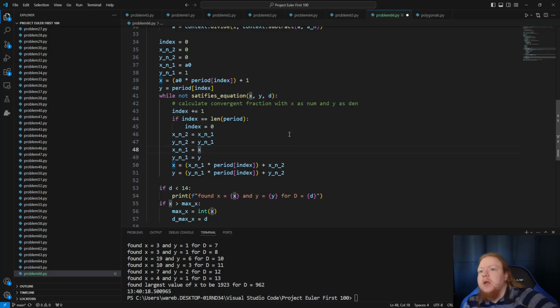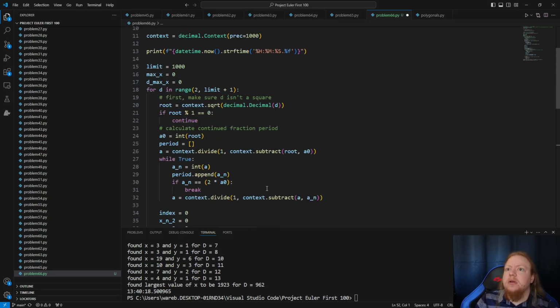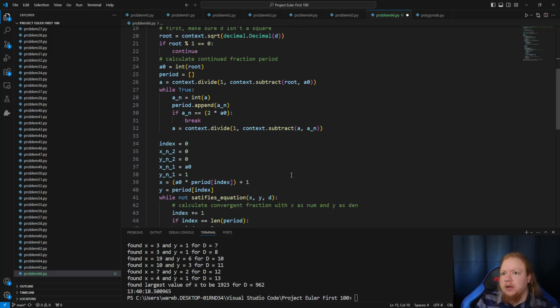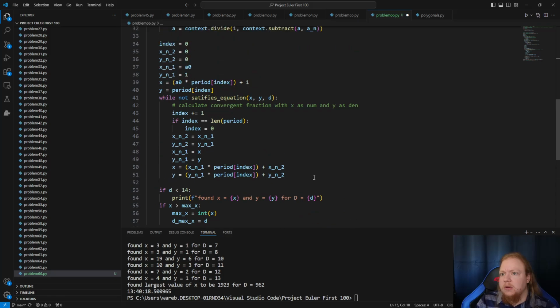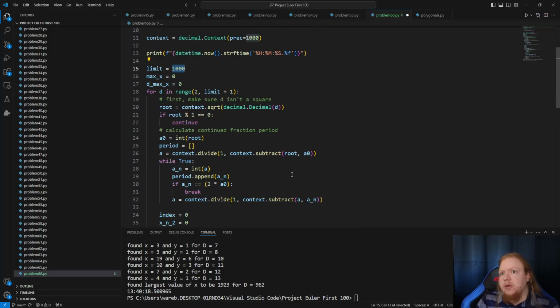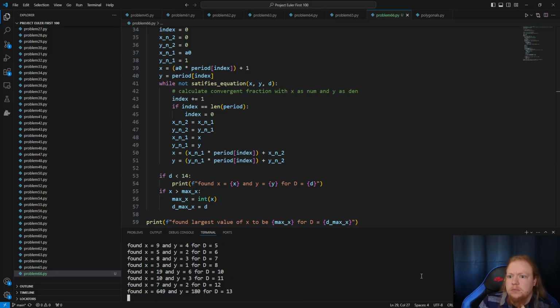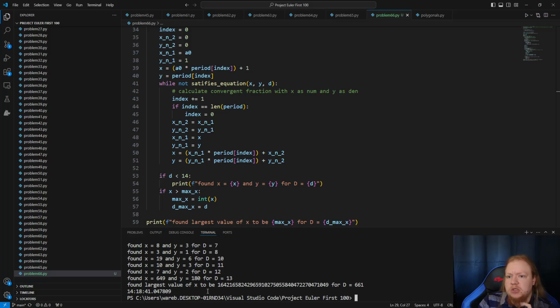Okay, so using quite a few variables there that maybe I don't need to use. Let's bump this back down to 7 and see if I'm getting the correct answer. Actually, I guess I don't need to do that. So, still definitely taking quite some time, but I'm getting the correct answer for 13.